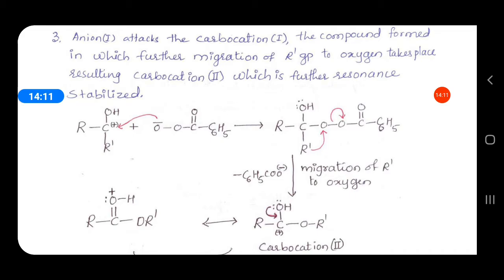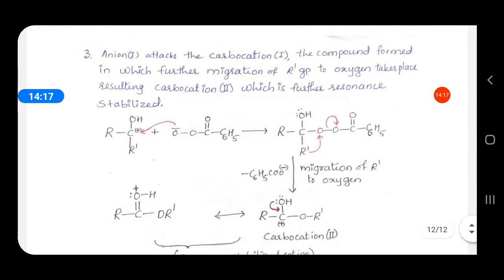So the R dash group reacts with the oxygen, which has a lone pair of electrons. A new oxygen R dash bond is formed, and the oxygen bond electrons are transferred to oxygen.